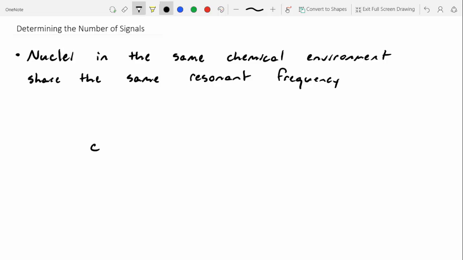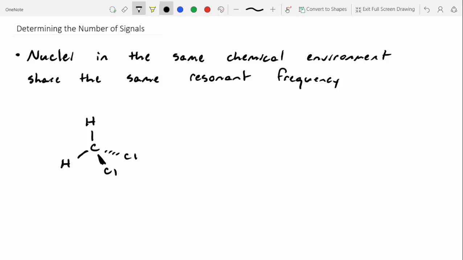Let's imagine I've got dichloromethane. Dichloromethane has 2 protons on it, right? We have to ask ourselves whether or not these protons are in the same chemical environment or different chemical environments.